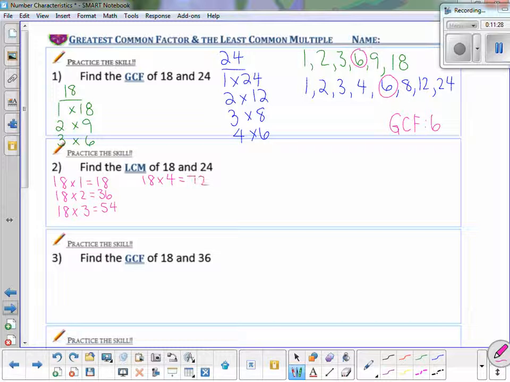And 18 times 5. I thought about adding 18 to 72. Yeah, 90.